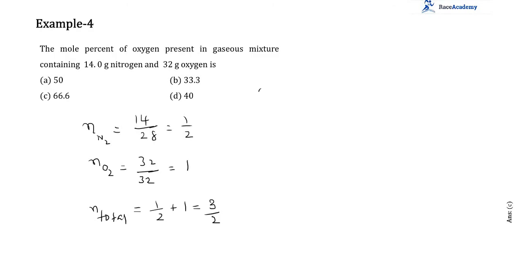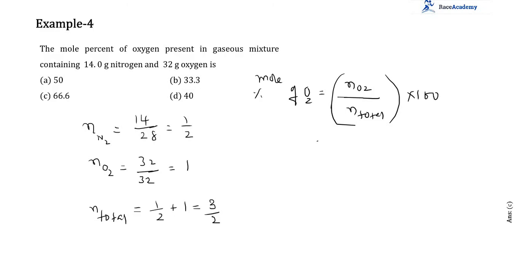So it means 1.5. From this we can understand that the mole percentage of oxygen can be easily calculated. That is equals to the number of moles of oxygen divided by the total number of moles, into 100. The number of moles of oxygen we have is 1, and the total number of moles is 3 by 2, into 100.